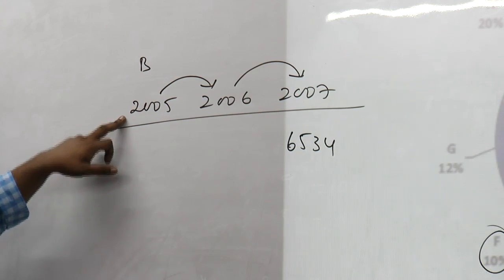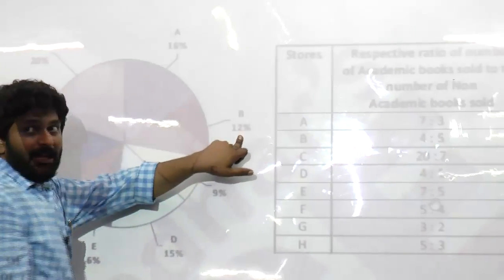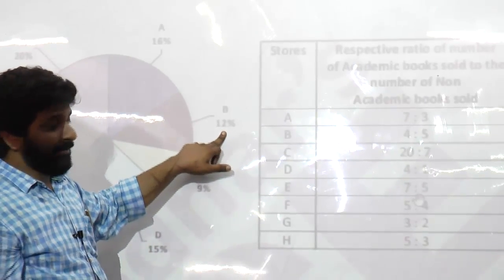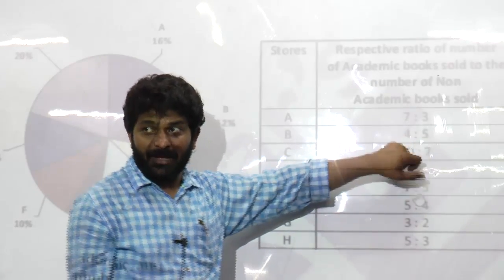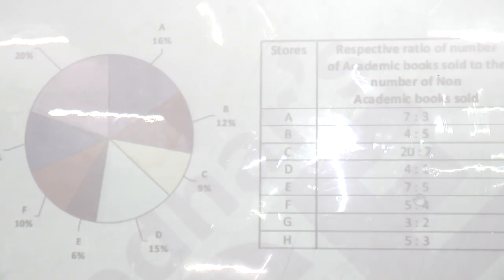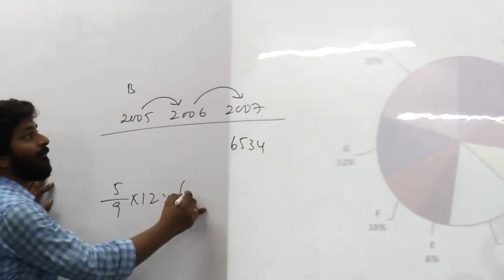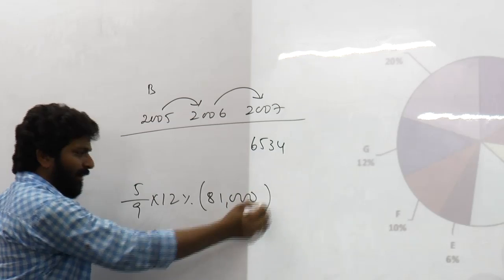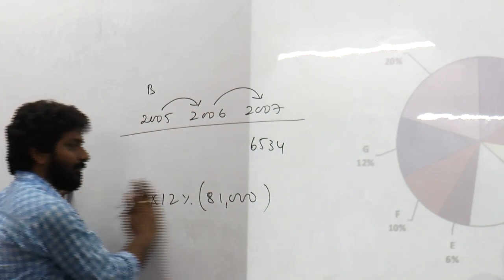In 2005 from store B, how many non-academic books we have? Let's see this. Total books are 12% and non-academic books 5 parts out of 12 parts in 12% of 81,000. I think we have calculated it. Need to reuse it. 5,400.